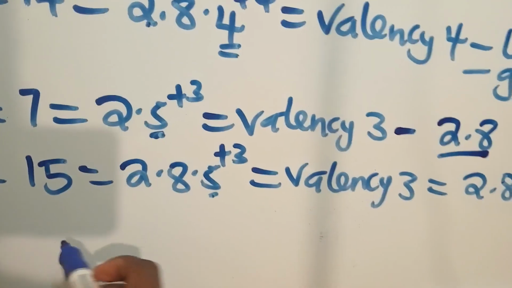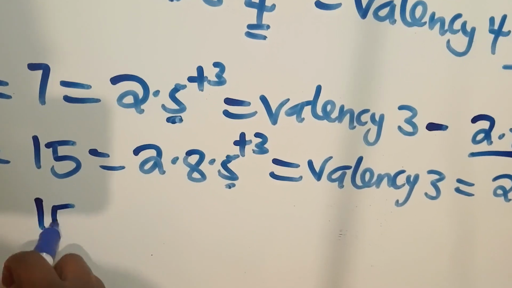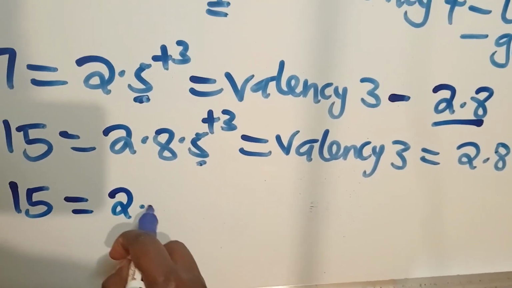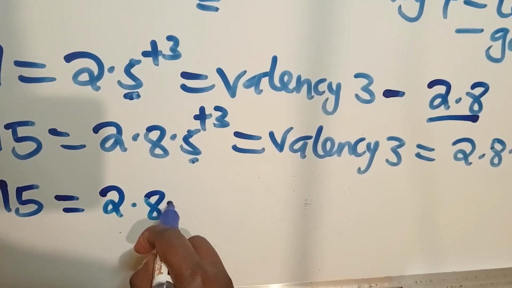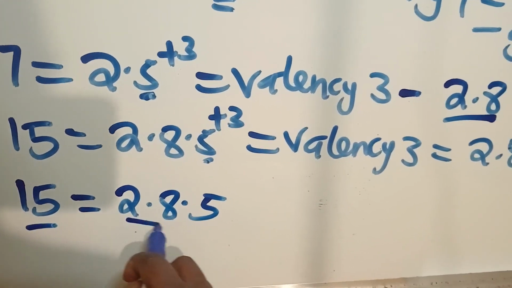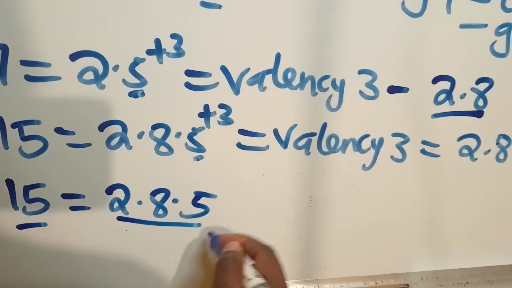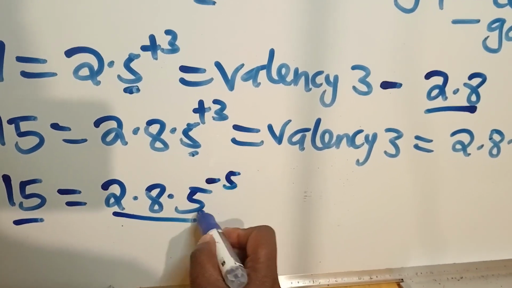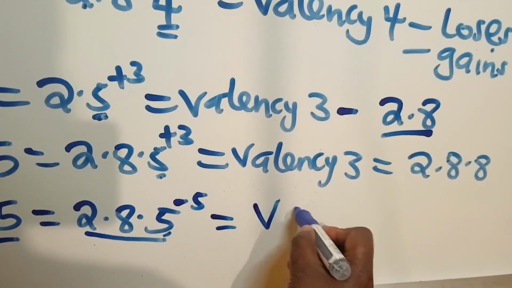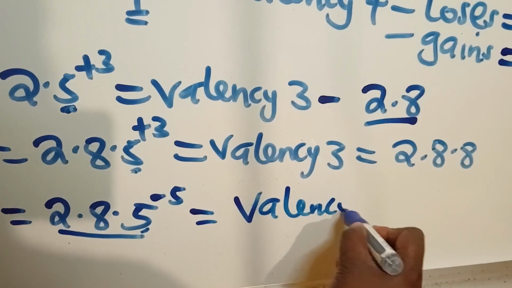For phosphorus, it behaves in a special way because we also have another type of phosphorus, though it is a bit unstable, with the same atomic number 15, the same electronic arrangement, but this time it can lose the 5 from the outermost energy level, and by so doing it will have a valency of 5.